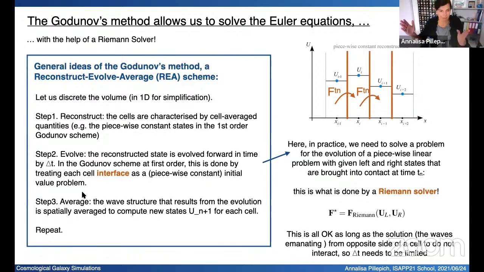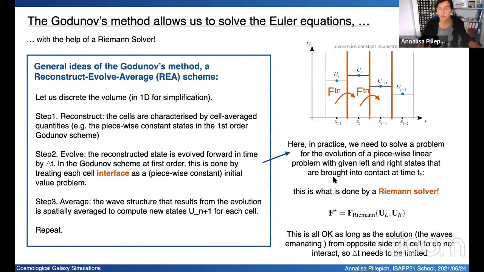Then you get your new state, you re-average your state vectors in the cells, like in this piecewise constant reconstruction, and you go forward. But of course, the tricky part is to understand the fluxes through the cells. If you think about mass, we're really thinking about fluxes of mass through the left-hand side and right-hand side interfaces among cells. This is what is done by the so-called Riemann solvers.